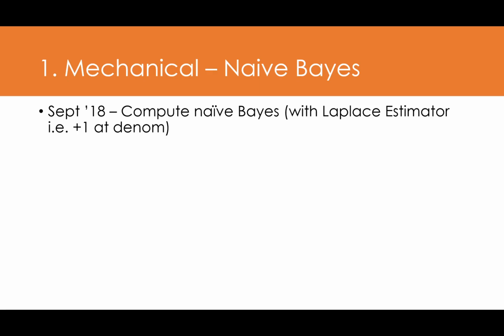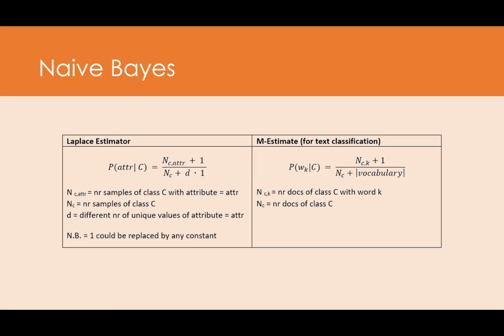Another mechanical exercise is the one with the naive Bayes, and especially the correction with the Laplace estimator. You can find an example on the slides in the part about naive Bayes. The most important formula is, as I said, the Laplace estimator that adds 1 at the numerator and d at the denominator.